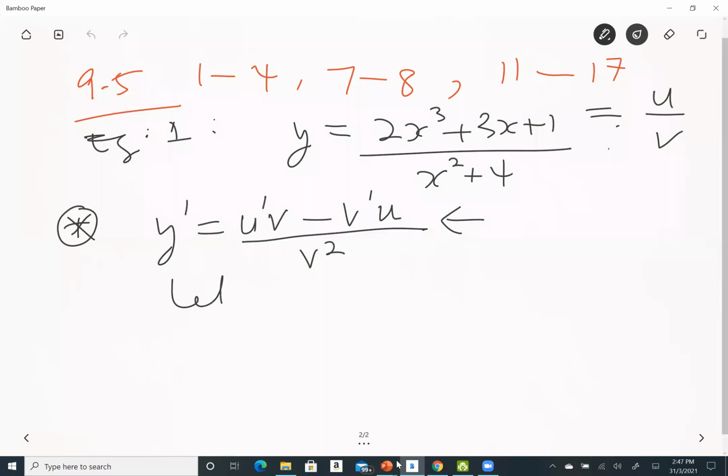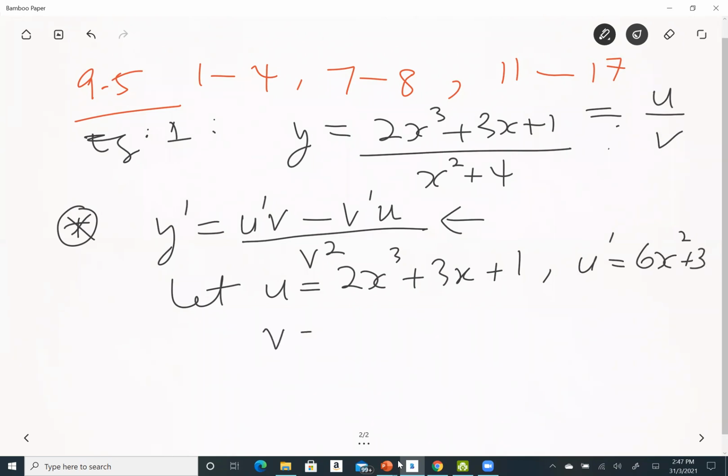You let u be equal to the numerator, so 2x cubed plus 3x plus 1. Now what is u prime? u prime is 6x squared plus 3. And then I let v be equal to x squared plus 4, and v prime is equal to 2x.